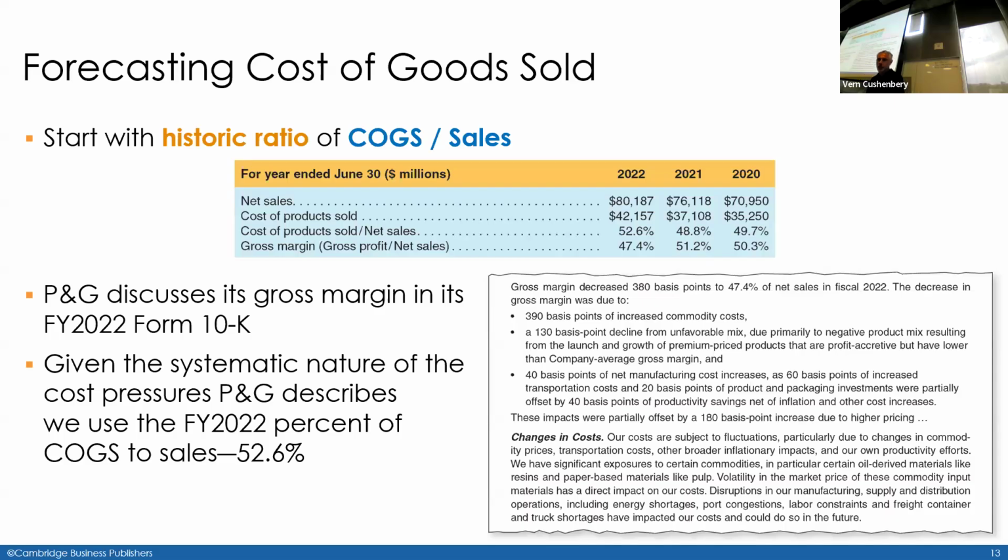Here's an example of P&G company guidance. So they've given us sales, cost of products, and here's their commentary. I won't read it to you, but they break it down by basis points, and they give you some sub bullets about why they believe those margins are going to improve over the next few years.